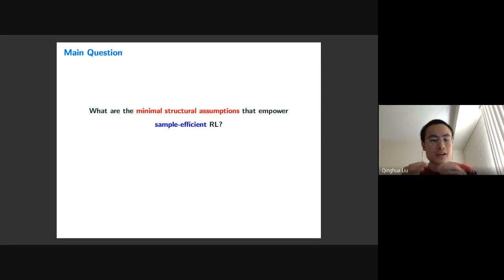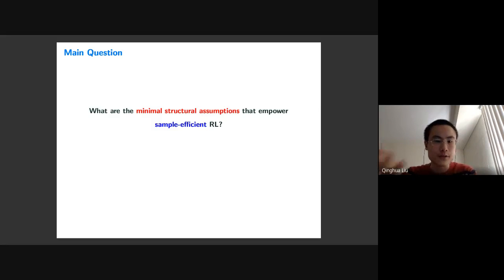We want to formalize a really rich class of RL problems that can be efficiently learned. Because we want to do some very general class, in this talk, I will not focus on the computational efficiency. I will only focus on the sample efficiency. So in other words, I want to first solve the statistical problem.